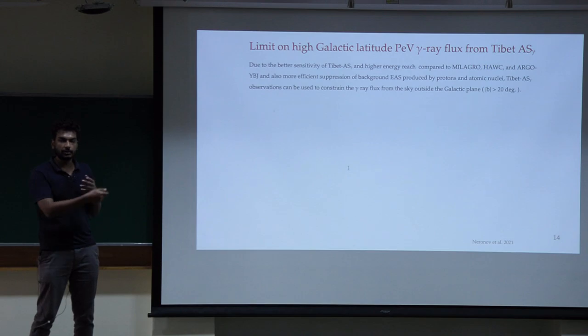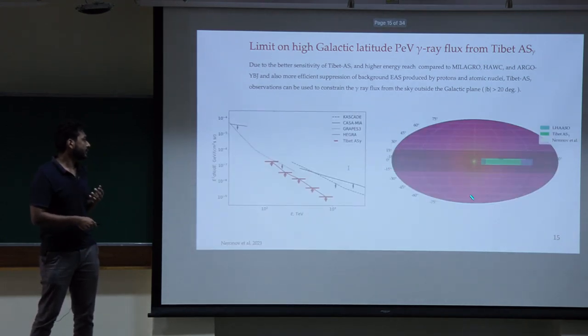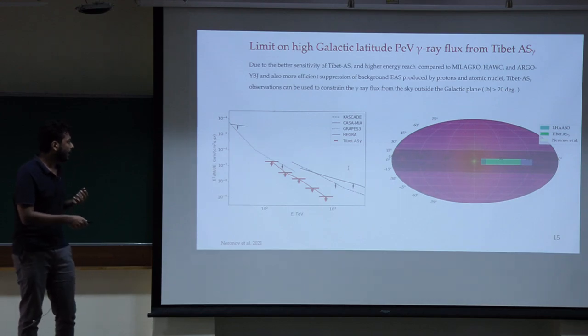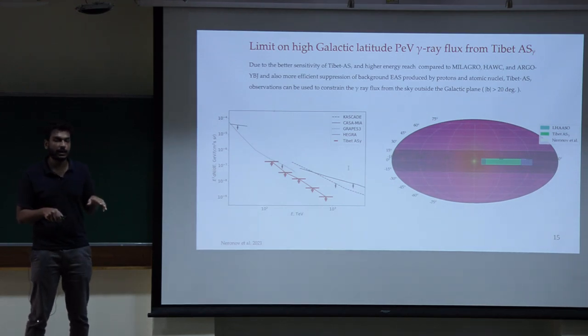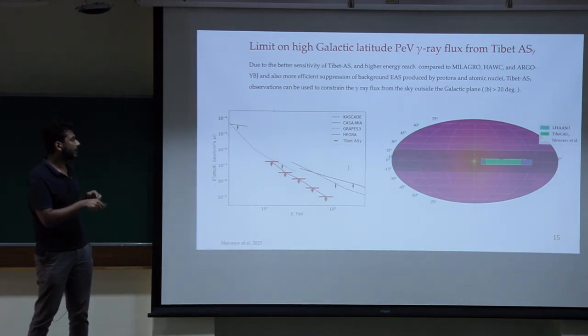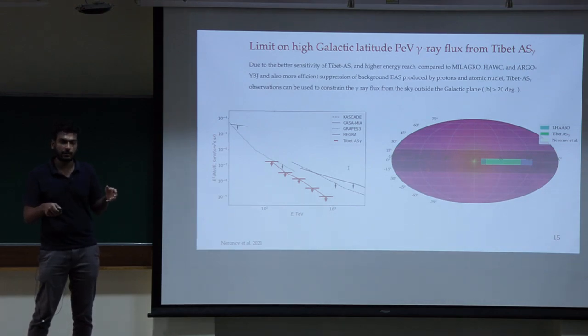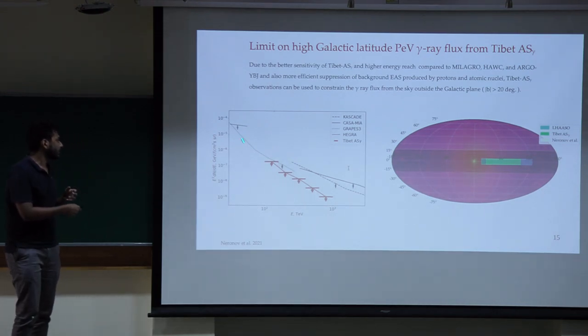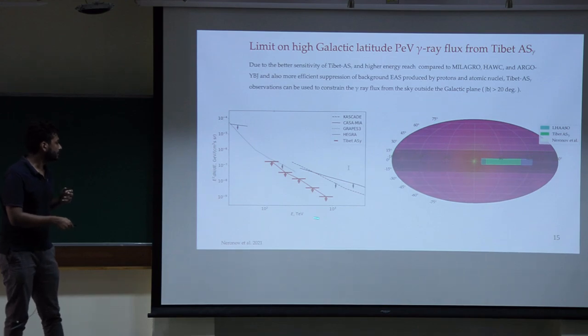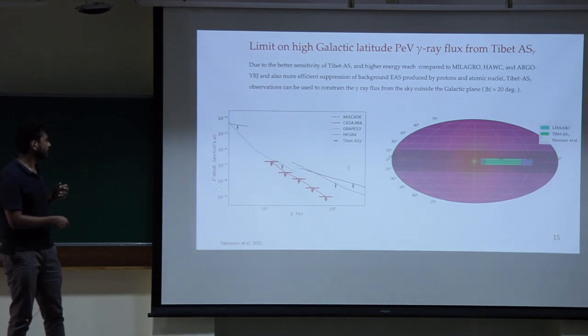But we can use this observation to put a limit on the gamma rays away from the galactic disk. The reason we can do that is that these detectors have very good background suppression due to the muon detectors and all. And so you can see this upper limit in this plot. What you see here is the flux of these gamma rays as a function of energy.